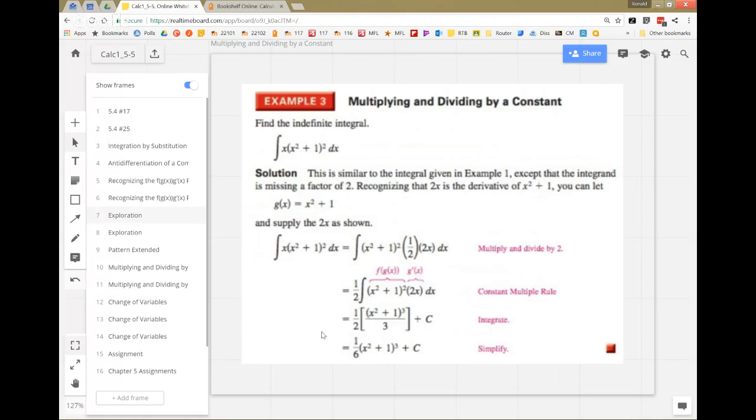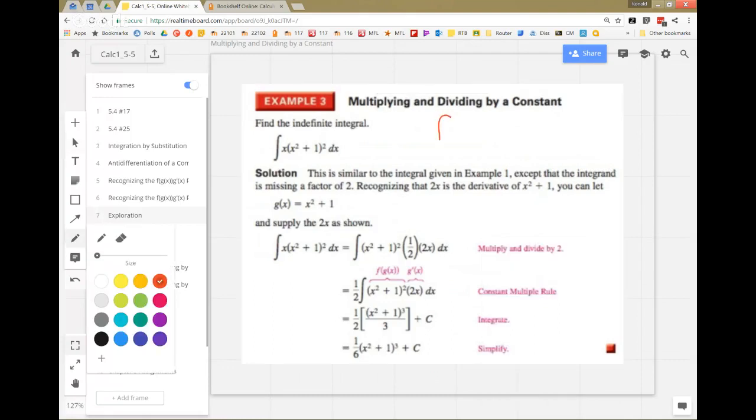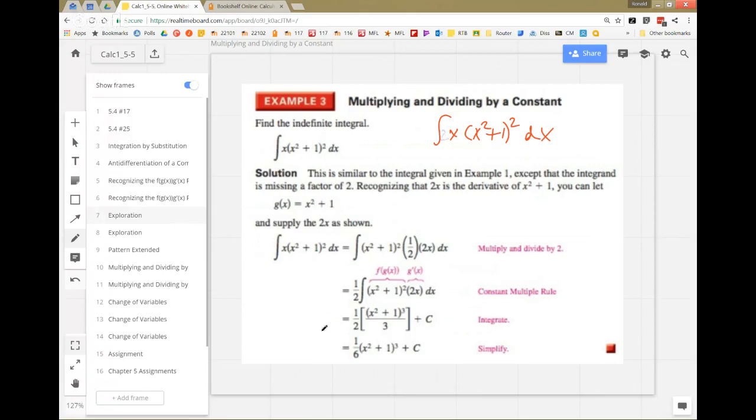I know they didn't quite show it the way I'm explaining it. So when you take your integral, the chain rule says this should be a 2x. So if we make it a 2x, we can do that, and it's still correct. 1/2 times 2x is going to be the original x. So now we've got that set to go.